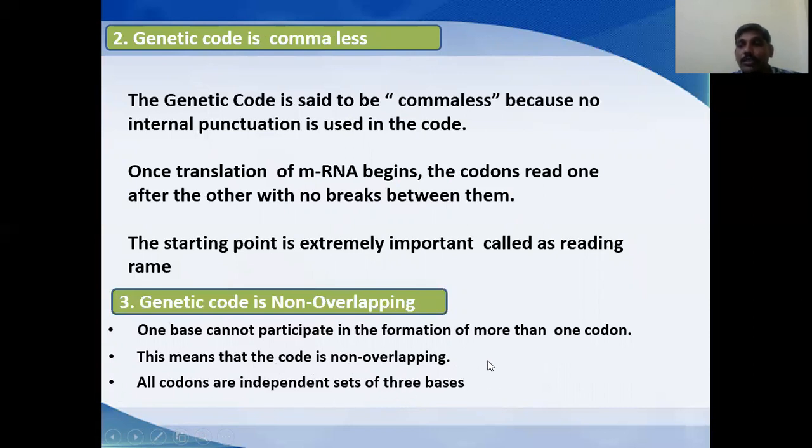If the genetic code were overlapping, for example, an mRNA molecule containing 3 codons, with overlapped nitrogen bases, we would get more than 3 amino acids in the protein molecule. But this never happens, because if 3 sense codons are present in the RNA molecule, definitely 3 amino acids are there in the protein molecule, not more than 3. So that indicates the genetic code is non-overlapping.